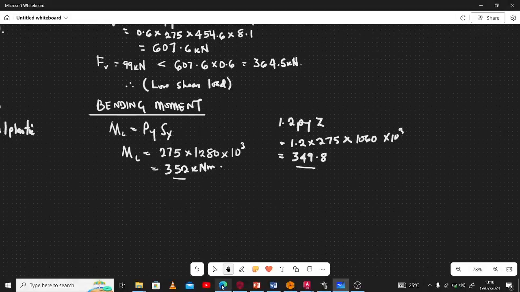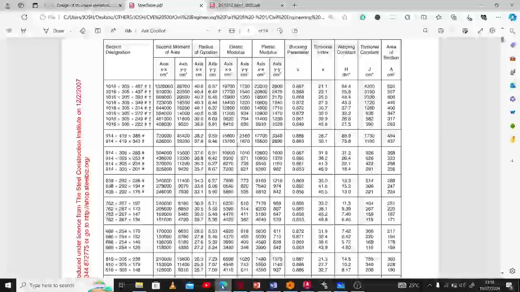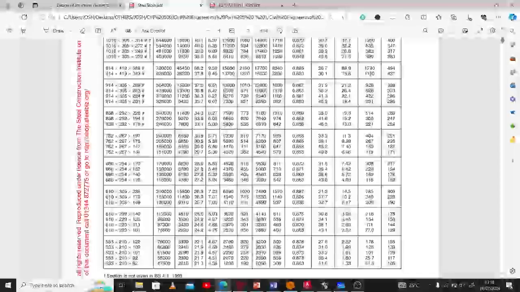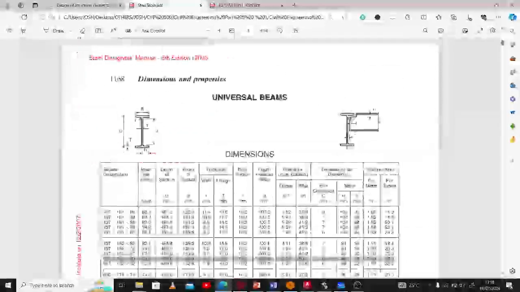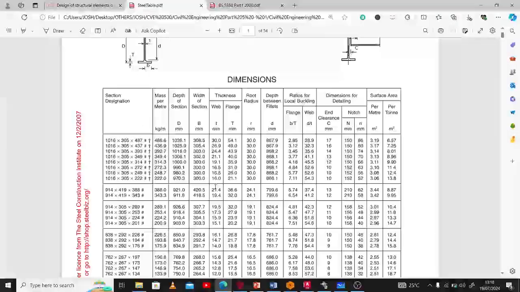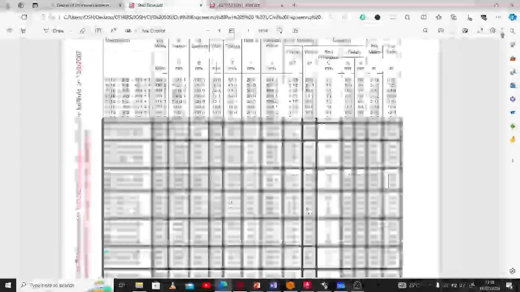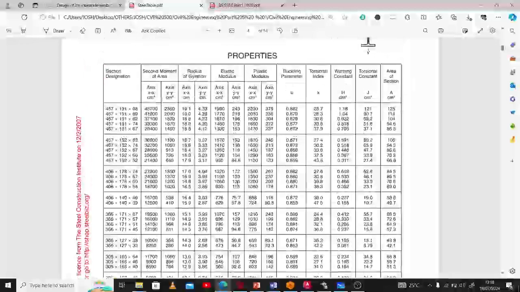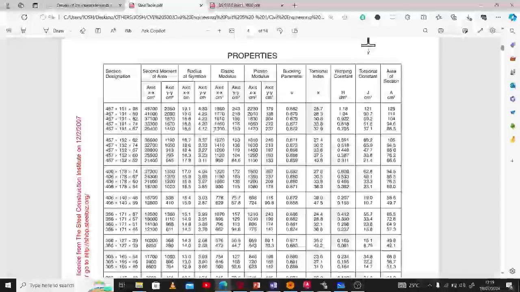Okay. Let's check through the value again to be sure that we're good. The elastic modulus Z for the 457 by 152 by 60 section we're looking for.